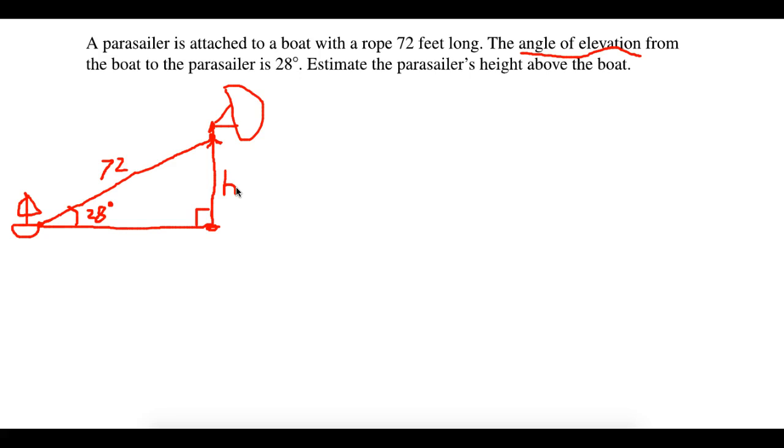In this case, we need to figure out, first of all, which of our three trig identities can help us solve this. So let's go ahead and write those down. The sine of an angle is the opposite over hypotenuse.